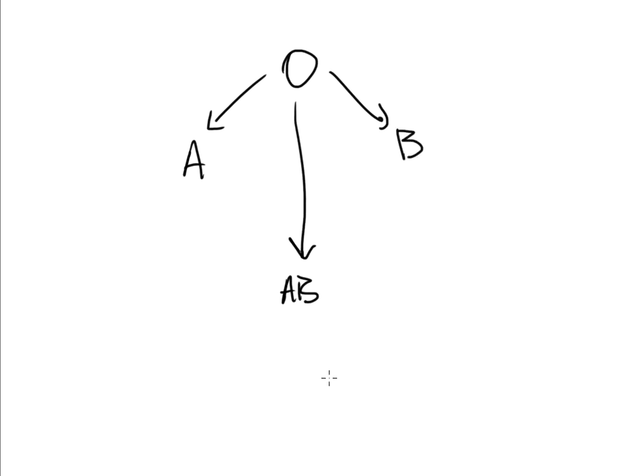They'll write O up here at the top, and O can be given to A, and O can be given to AB, and O can also be given to B. And AB can also receive from A, and it can also receive from B.